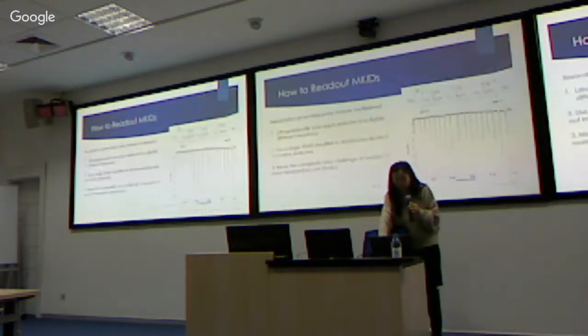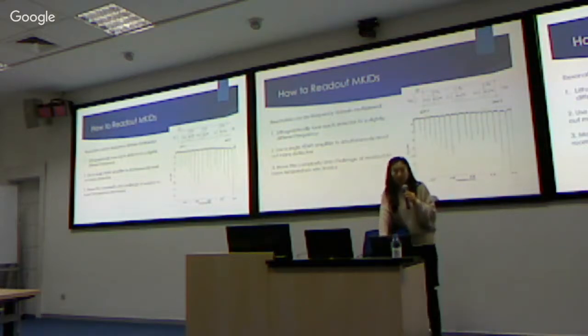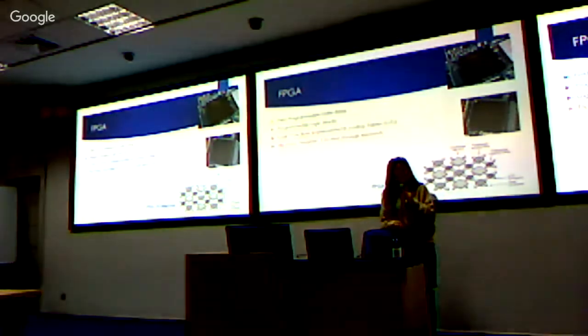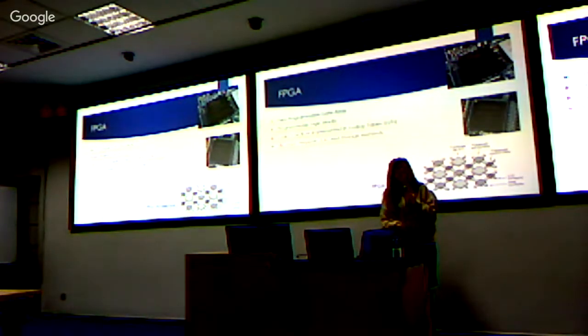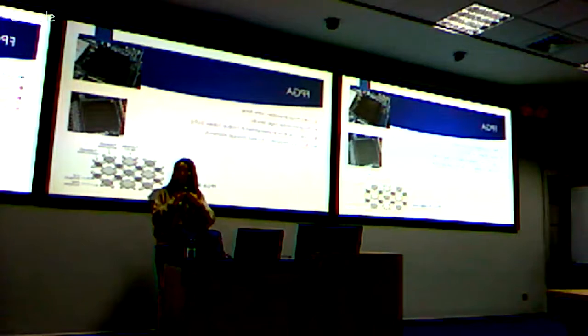And then we use an FPGA to perform the readout. So let me quickly go over it. What is an FPGA? FPGA is a field programmable gate array. You can imagine it as a sea of many logic blocks and interconnects.